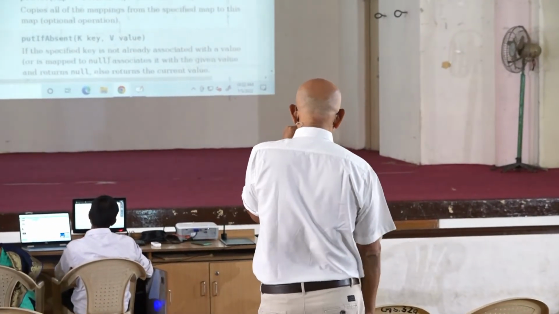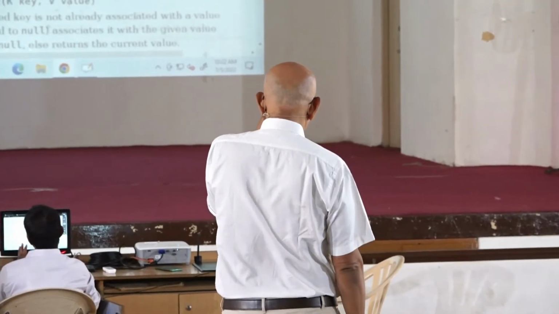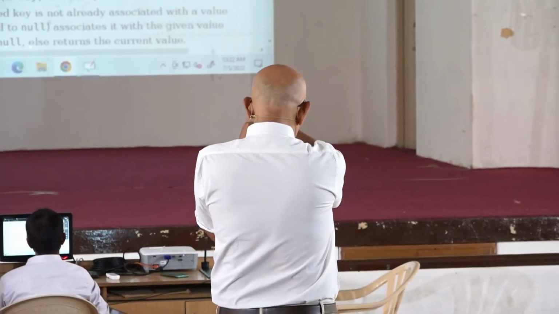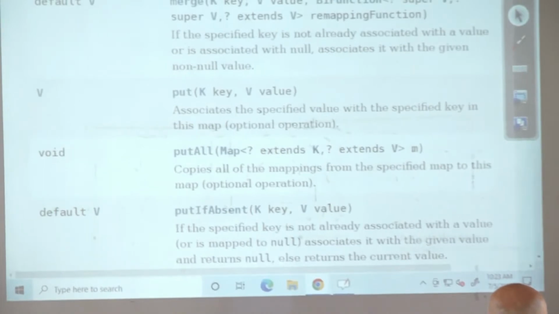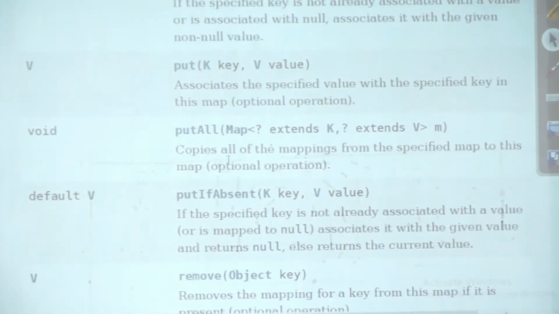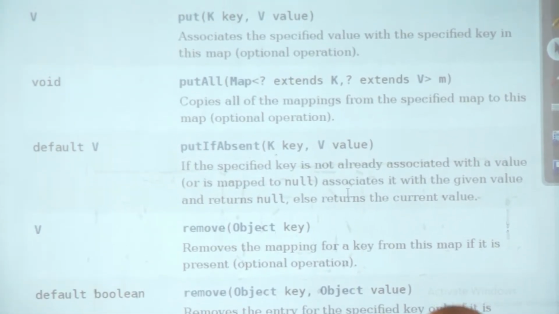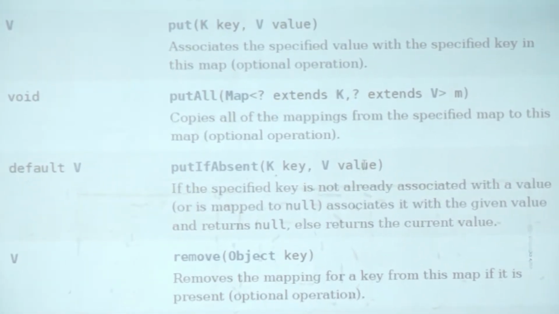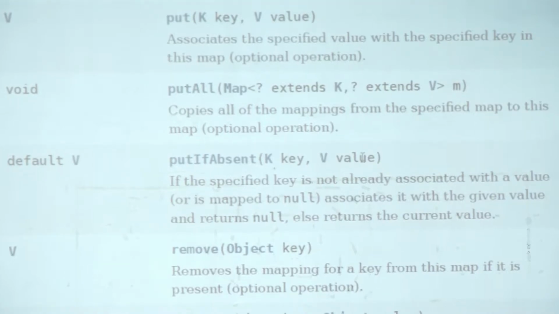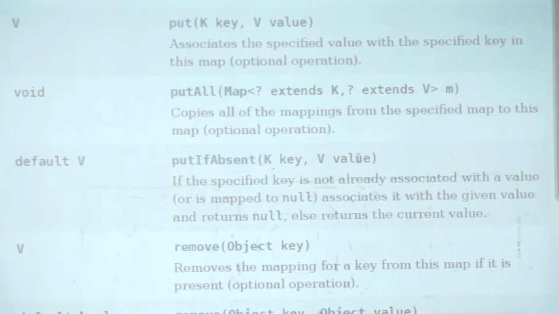Nowadays, we never use putAll. Now a new version of put has been created: putIfAbsent. The earlier put used to do what? Update the value. Are you understanding? Put used to update the value. It still updates the value.